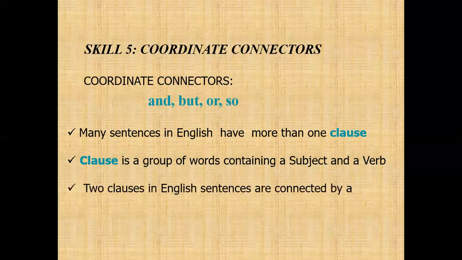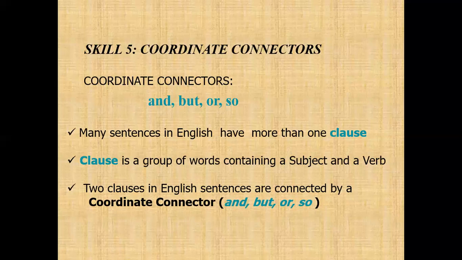Two clauses in English sentences are connected by a coordinate connector. So it means that if the sentence consists of two subjects and two verbs, it must be connected by a coordinate connector.